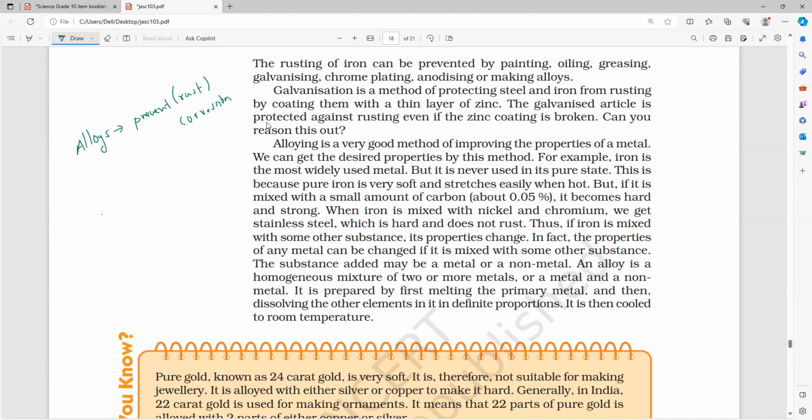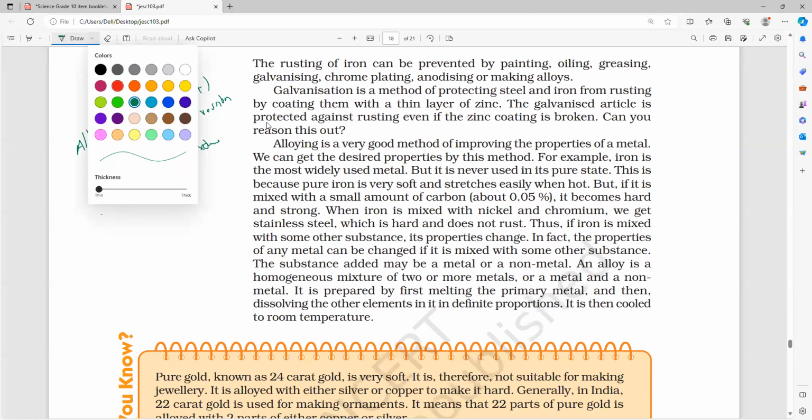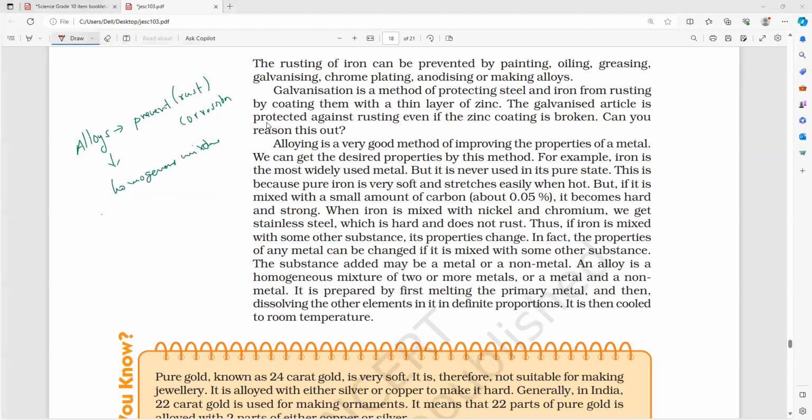So why? What is an alloy actually? It is a homogeneous mixture actually. So even though it is a mixture, entirely the properties are different from the individual metal. Am I right, everyone? Please respond. So it will change its properties.